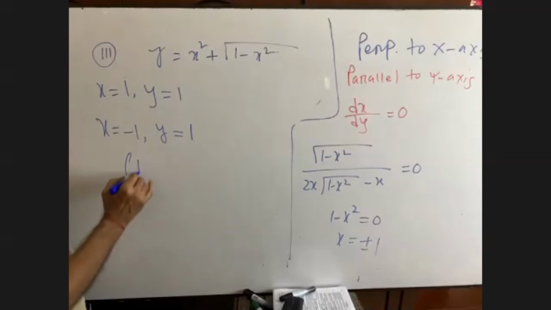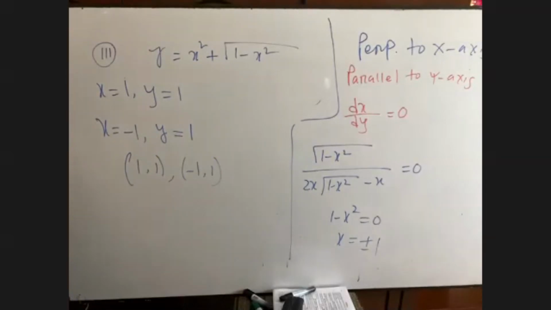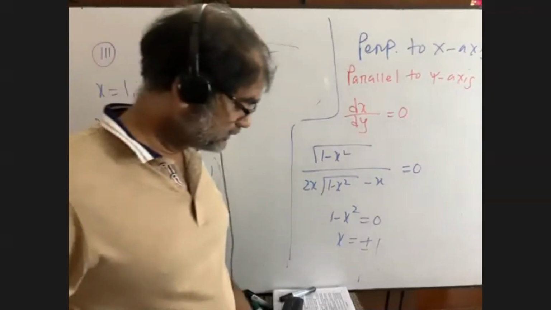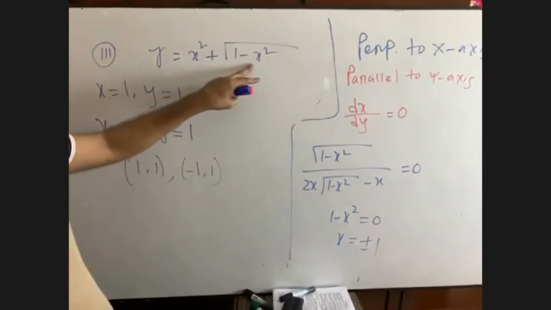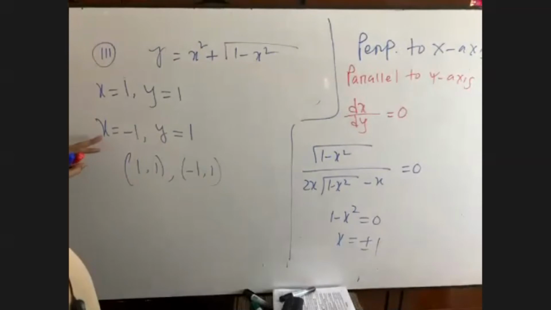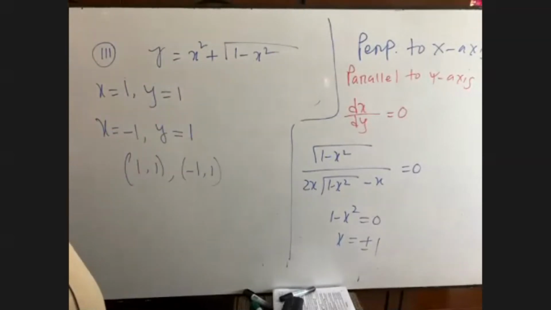So the points of intersection are 1, 1 and minus 1, 1. Please try to get it. If we put x equals 1 or minus 1, we also get this as 0. Is it okay to all?